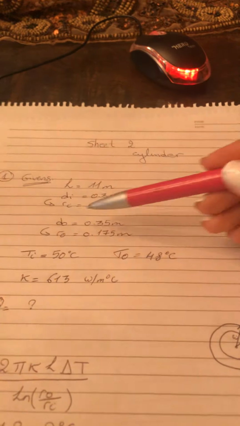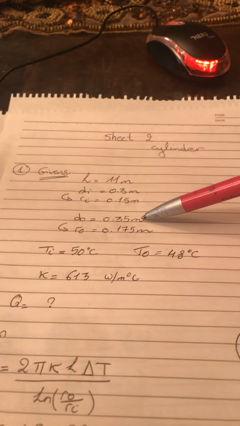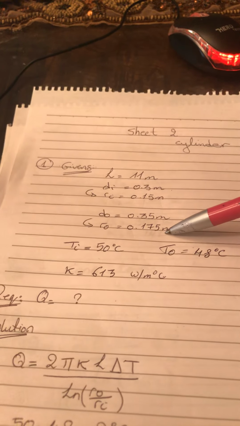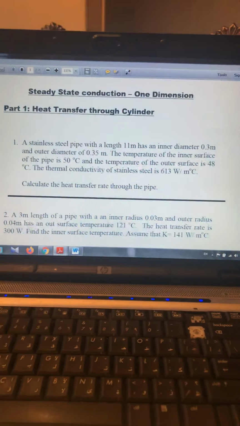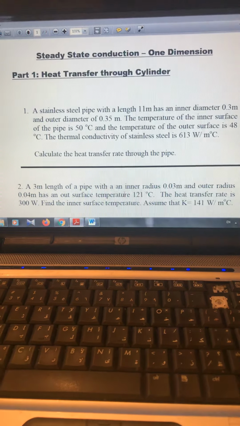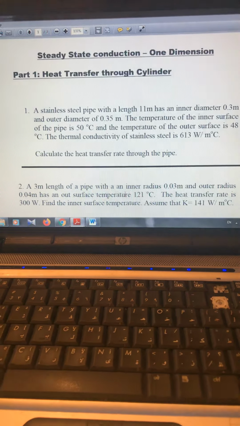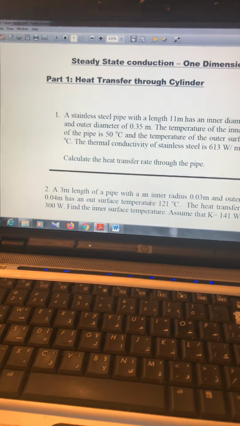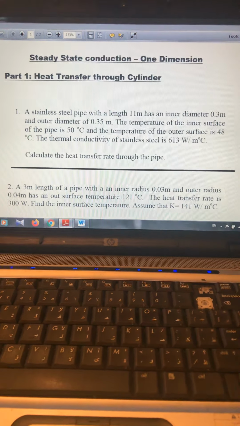So you get D outer 0.35, and R outer is this divided by 2. The temperature of the inner surface of the pipe is 50 degrees Celsius. This means that T inner, the temperature inside, is 50. The temperature for the outer surface is T outer equals 48.